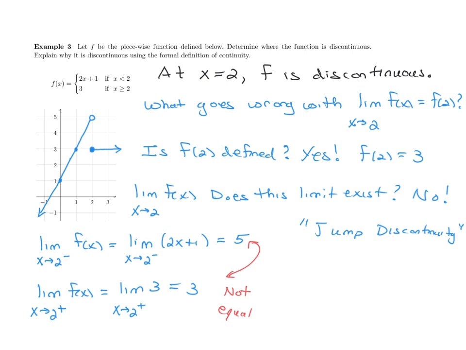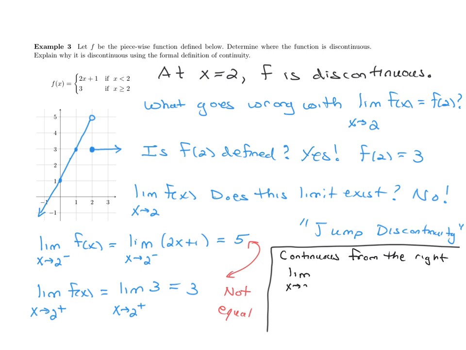I will make one other note about this problem. I'll write that down here. Even though this function is not continuous at 2, you can get a little bit more specific and say, well, if you only consider one side, it is continuous from the right. Is the limit as x approaches 2 from the right of this function equal to f of 2, the function at 2?